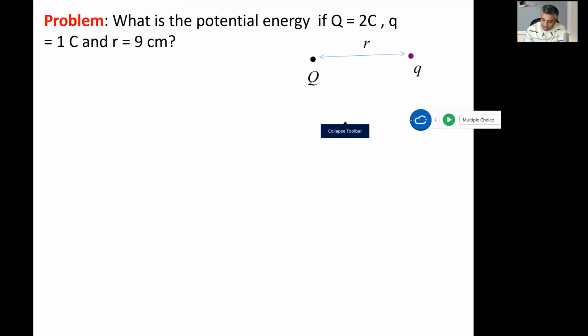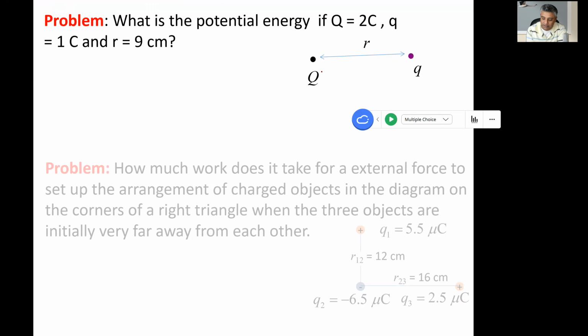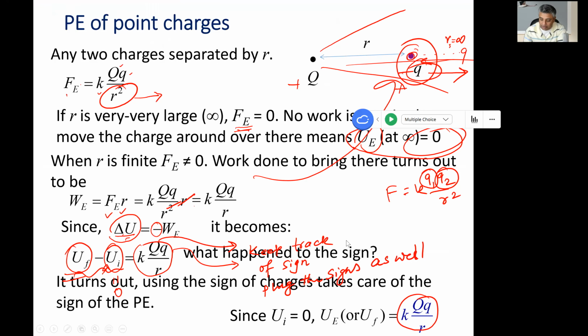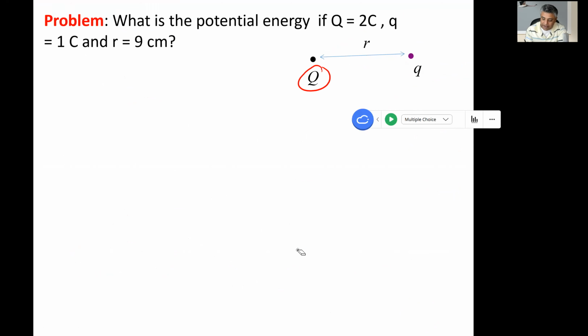So let's see. What is the potential energy if Q has a value of 2 coulomb? I'm keeping things simple here, so the charges may not be very realistic.